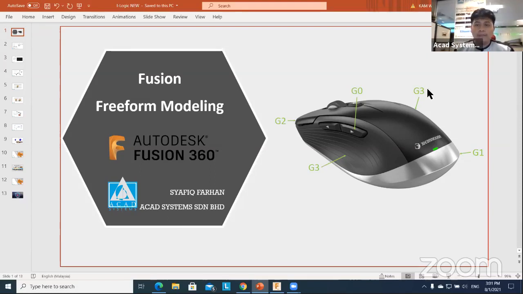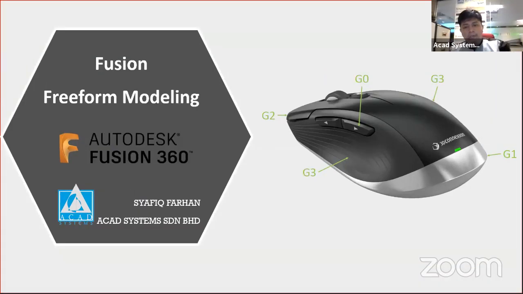For example, this will be the mouse that you can see on the screen. This is one example of what freeform modeling can do. In today's free online lesson, we will demonstrate how to create freeform modeling. So let me share my slide presentation.